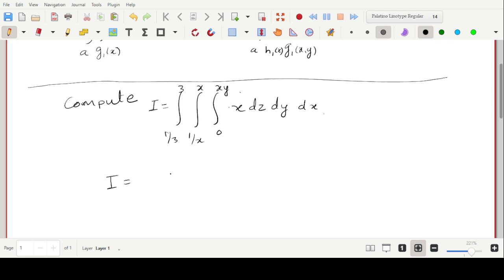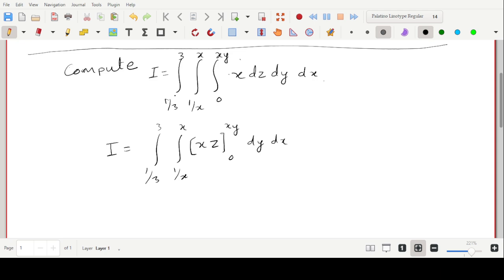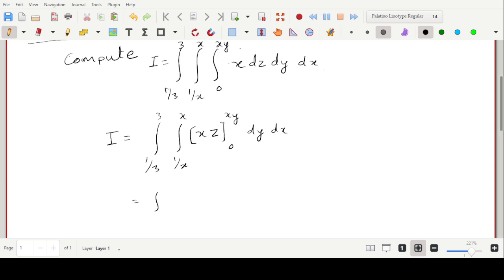X is constant with respect to z, so therefore this integral will become, now substituting xy for z.